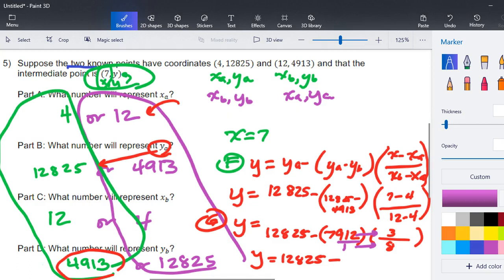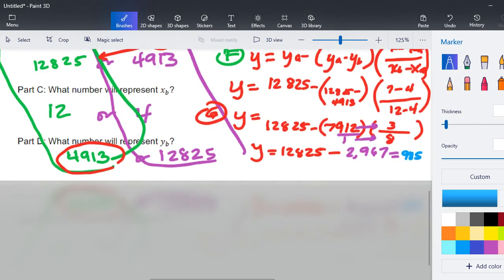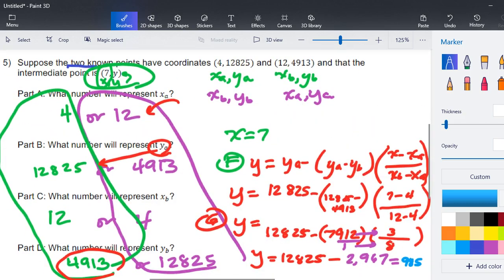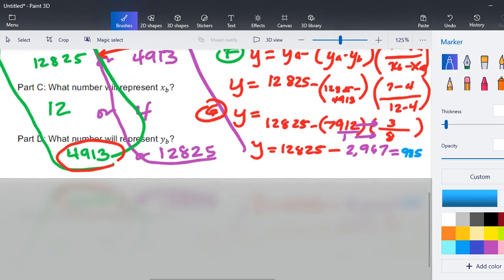I'm going to divide it by 8 and it equals 2,967. I am now allowed to subtract. So I have 12,825 minus 2,967 and I'm getting a final answer of 9,858.